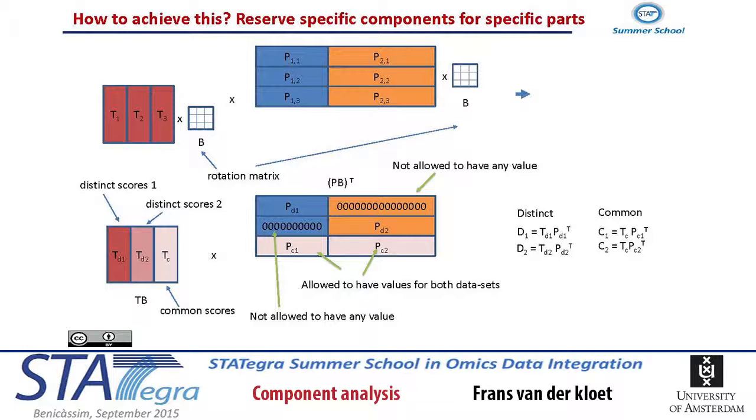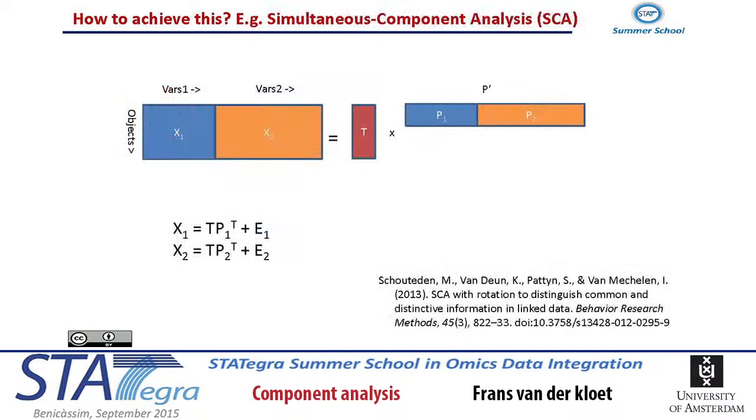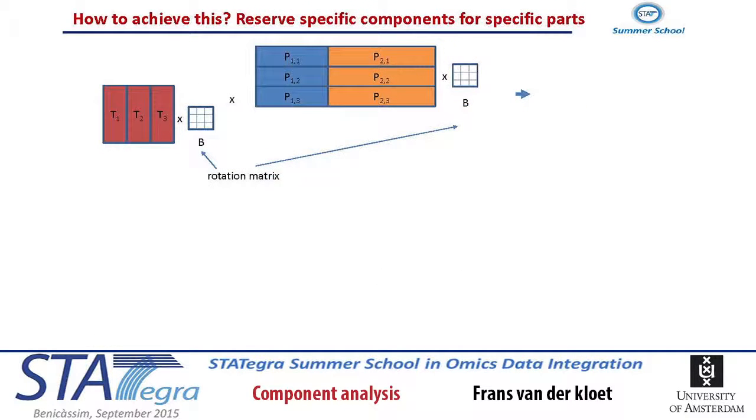It is a rotation somehow, so I want to rotate the one on top of the other. And if I look at this, actually what I did here, this T and this P, I already split it up in 3 parts. I reserved this part for my T1, T2, T3, and I can add them up like this, and I would still end up with the same result.